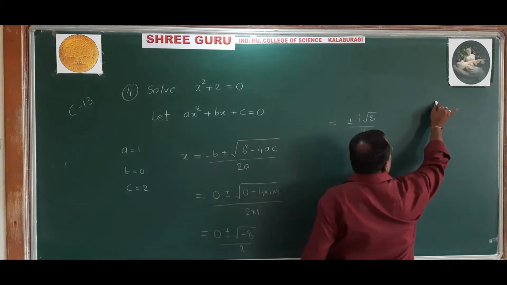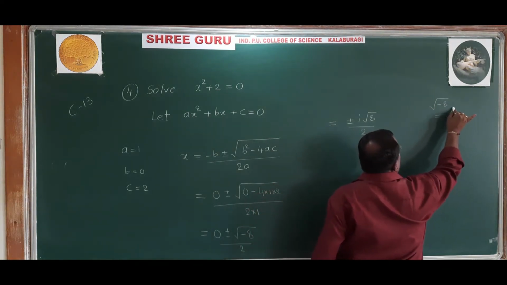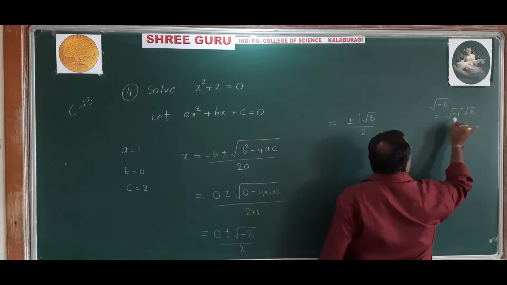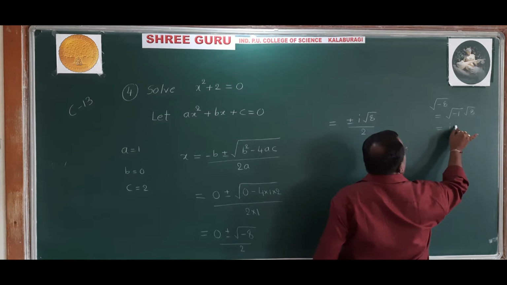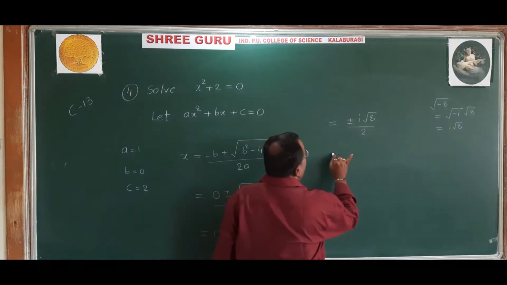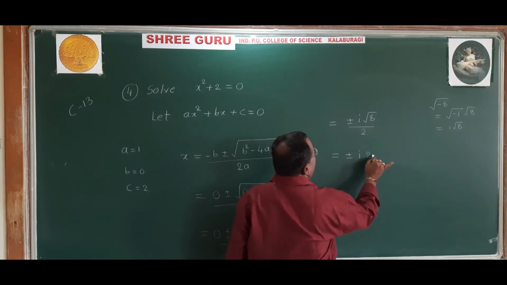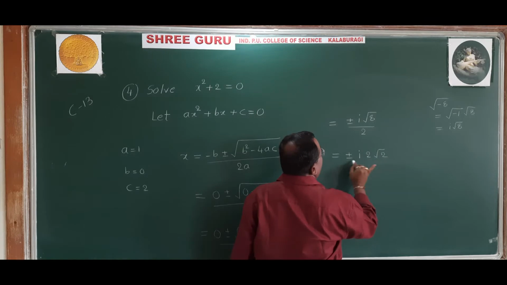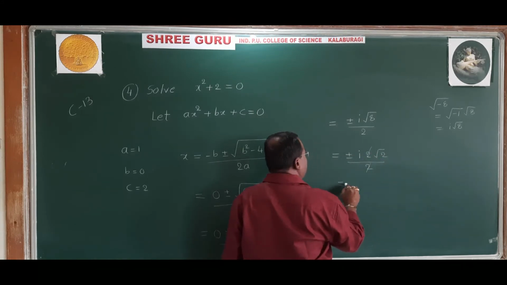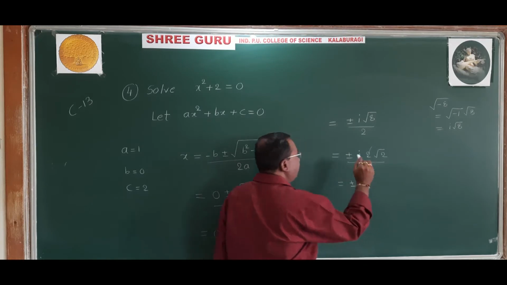Understood? Minus 8 can be expressed in the form of root of minus 1 times root of 8. This can be written as i root 8, which is plus or minus i, and 8 can be written as 2 root 2, divided by 2. The 2s cancel, giving plus or minus i root 2.